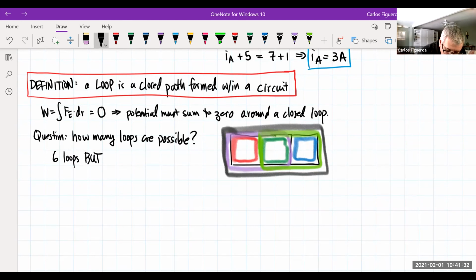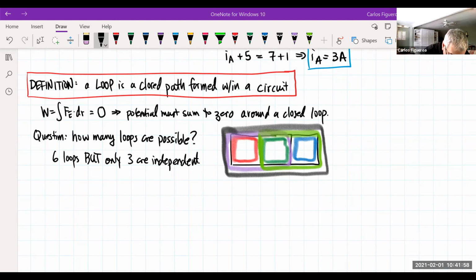But only 3 are independent. Later on, in the next chapter, I'll show you what that means. So anytime I take Kirchhoff's voltage law, I have to pay attention to the loops.